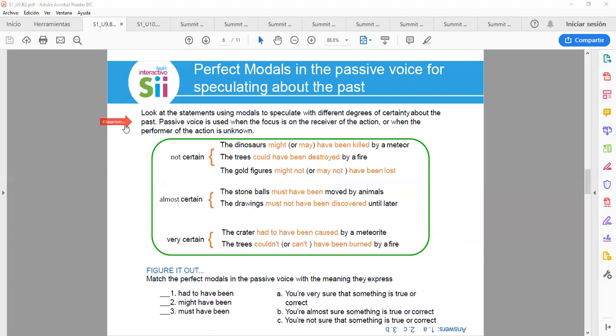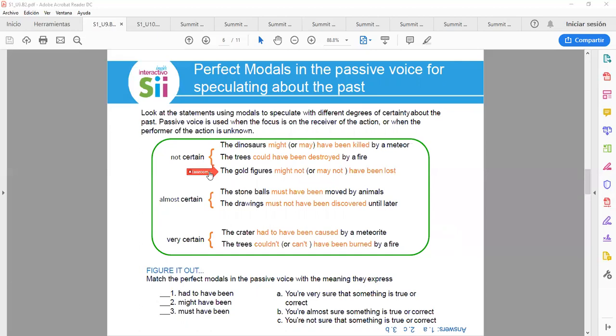Example, when we are not certain: the dinosaurs might or may have been killed by a meteor. The trees could have been destroyed by a fire. The gold figures might not or may not have been lost.